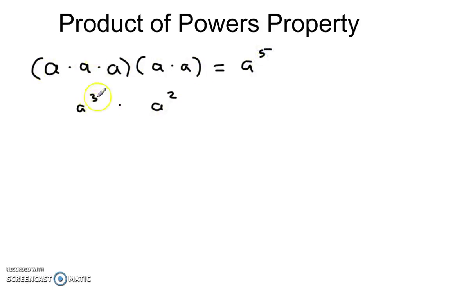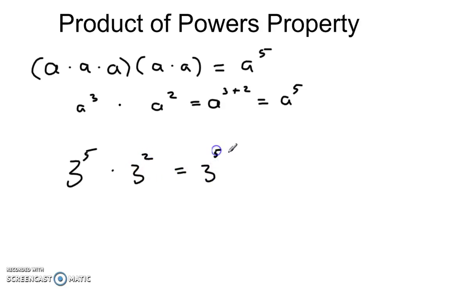Or I could also get that by saying these are 3 and these are 2, so that's 3 plus 2 equals A to the fifth. So if I had an example like 3 to the fifth times 3 squared, that's 5 plus 2, which would give me 3 to the seventh, because here we have 5 factors of 3 and here we have 2 factors of 3. So in total, we have 7 factors of 3.